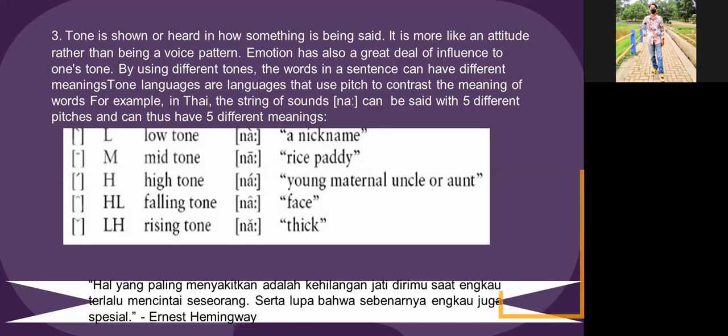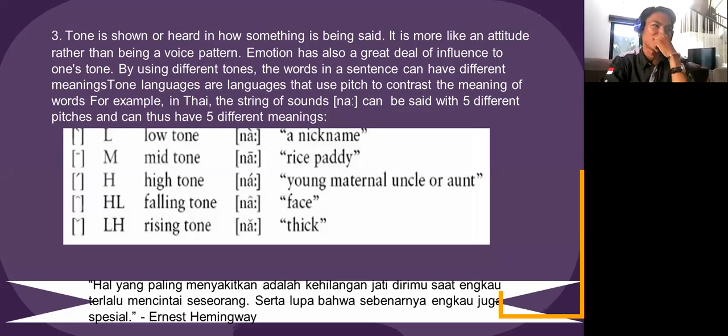Here is the example in Thai, where we can distinguish several pitch levels. The first is low tone. For example, a nickname. The low tone is symbolized with the letter L. The second is mid tone. For example, raspberry. Then the rise tone, and the next is high tone. The falling tone goes from high to low. For example, face.